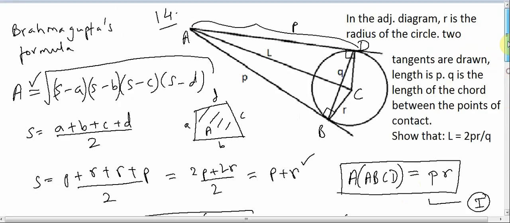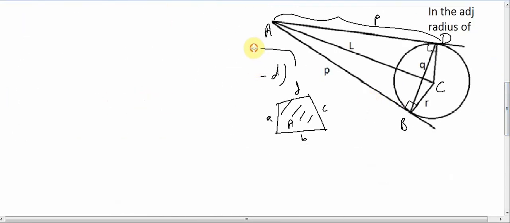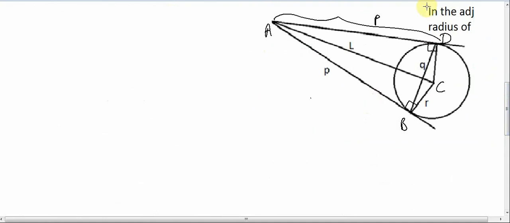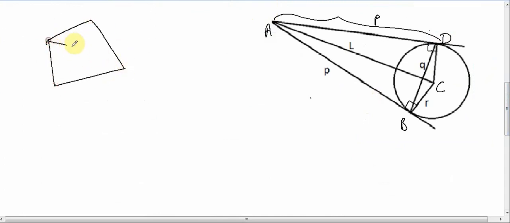Now there is another formula which can be used to calculate the area, and this formula applies to any general quadrilateral. If you have a quadrilateral like this, and this is the first diagonal and this is the second diagonal, let this be called D1, let this be called D2.